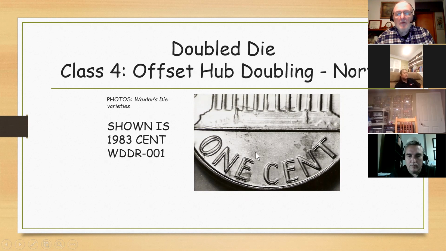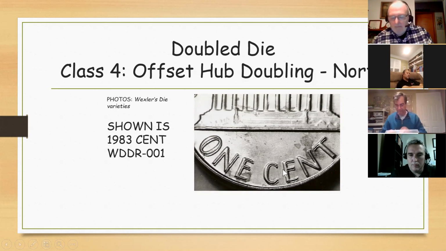But you see where the doubling actually is pointing upward. You can see how it changes in each one and starts to point more upward and directly towards north, but the further away you go from it, it's not quite pointing the exact same direction. That's because of the actual alignment of that particular design itself.